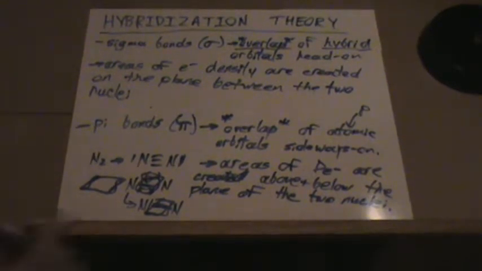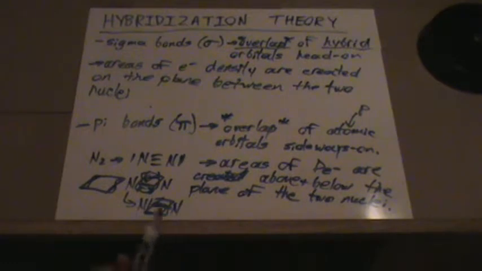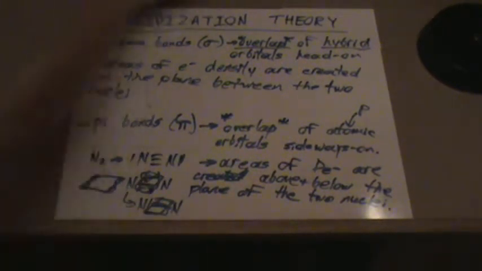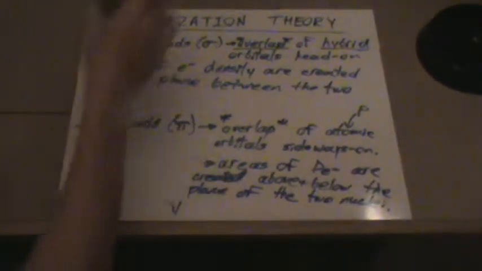Alright, so what this idea of electron density being above and below the plane means is that, let's erase this for a second, we understand how they're shaped now.